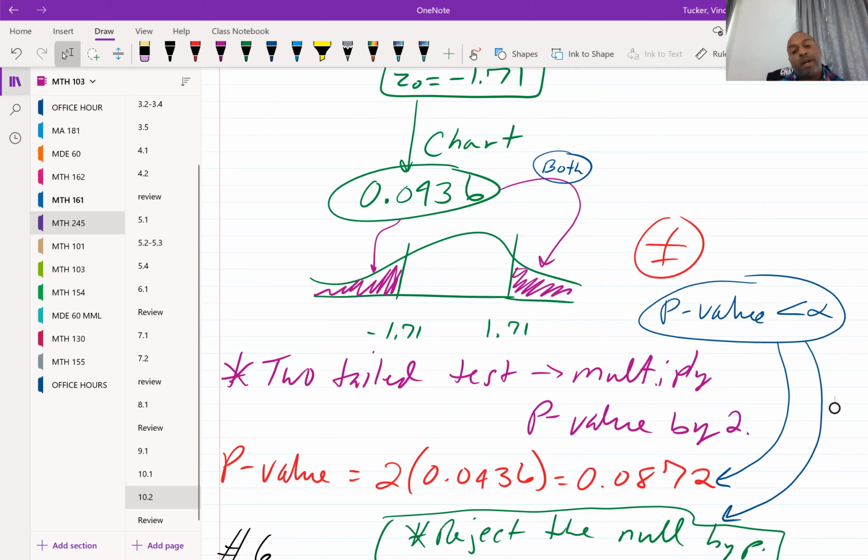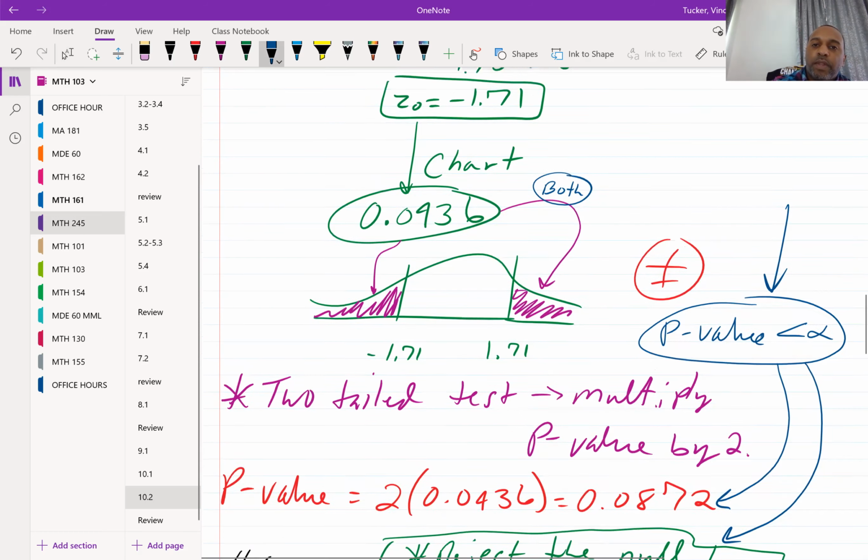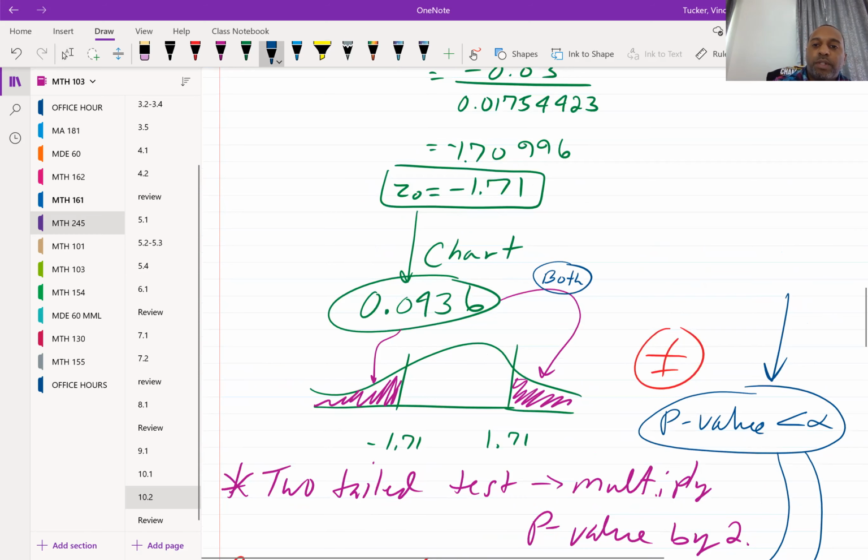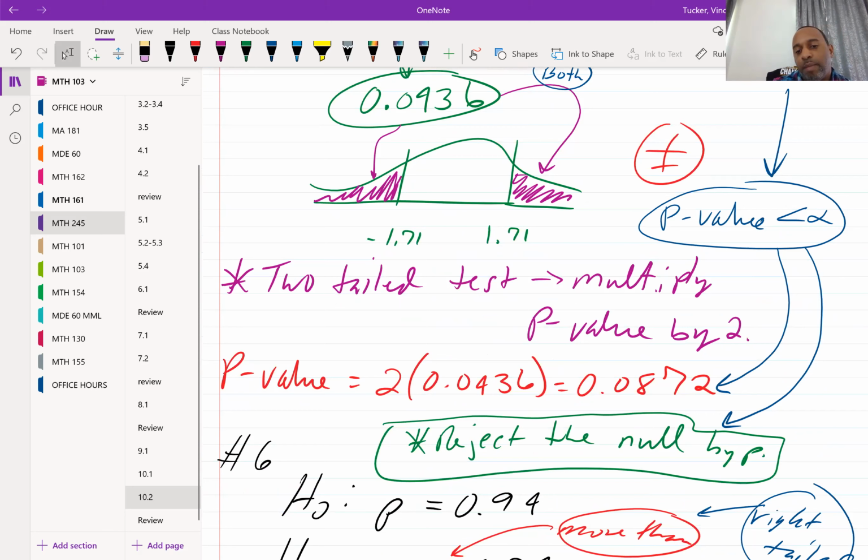You only multiply it by 2 when you're dealing with a two-tailed test. Then you compare it to alpha. The alpha they gave us was 0.1. And so that means we will reject the null hypothesis.